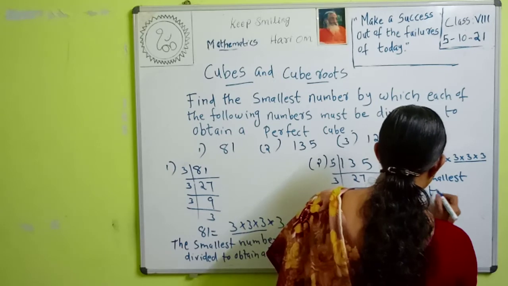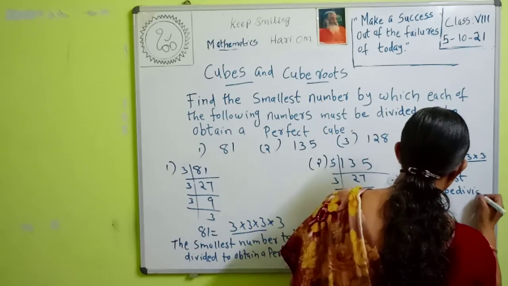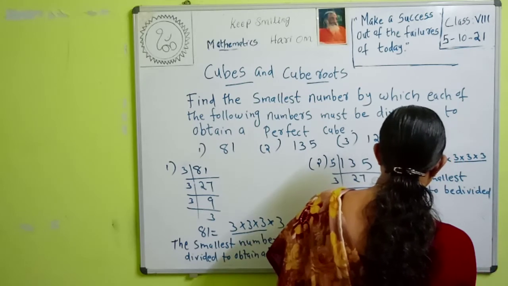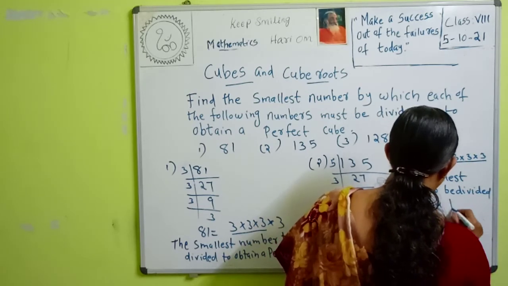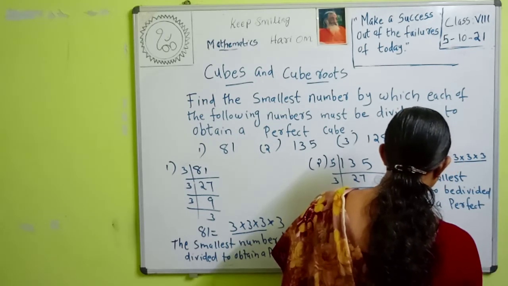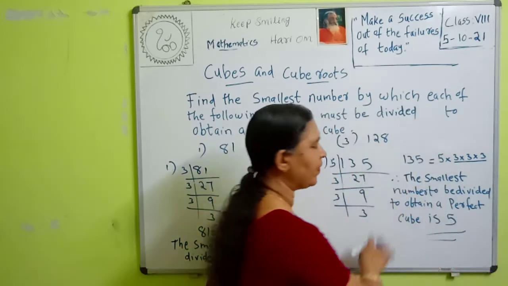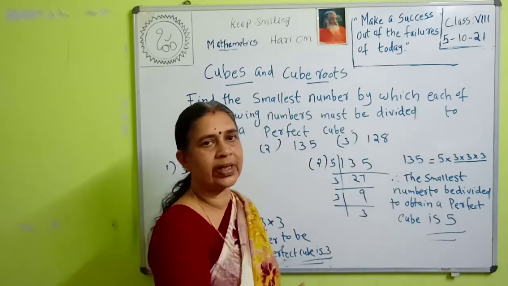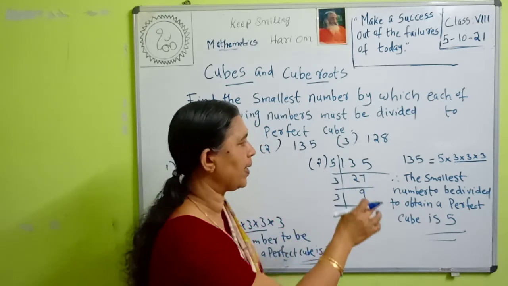So therefore the smallest number to be divided to obtain a perfect cube is 5. If we divide this number 135 by 5, then we will get a perfect cube number, because this 5 we cannot group here.